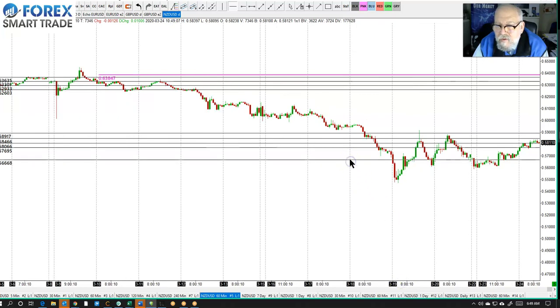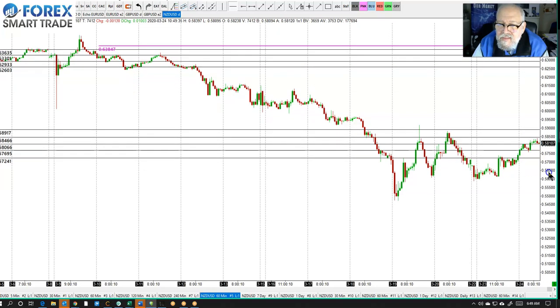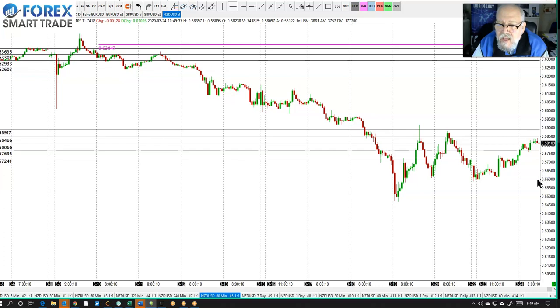Let's take one more underneath here. All right, for the last, I want to know where these spots are because the market tends to respect these lines, and I don't want to trade through those lines because we'll get hung up.